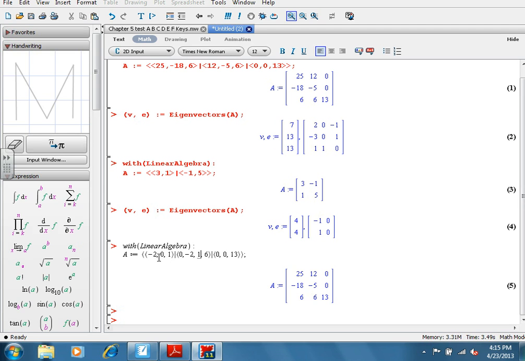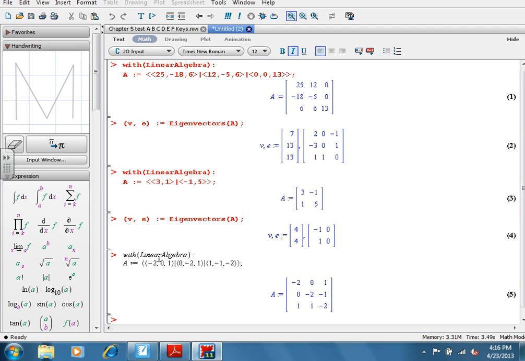Then 1, minus 1, and then we want 1, minus 1, minus 2. Okay, so does that look right? Then we want that thing cubed.